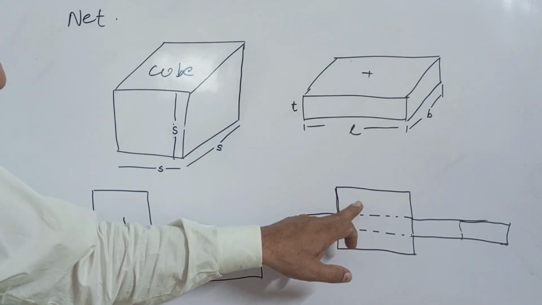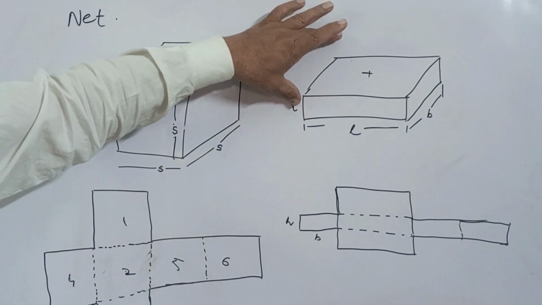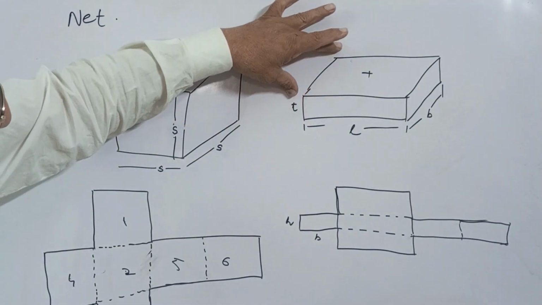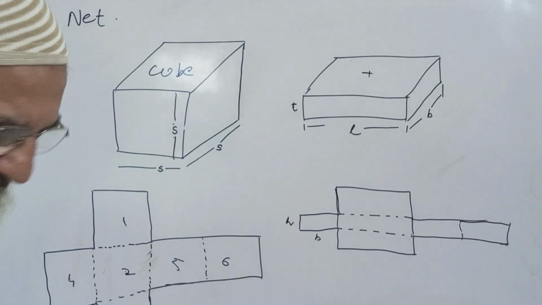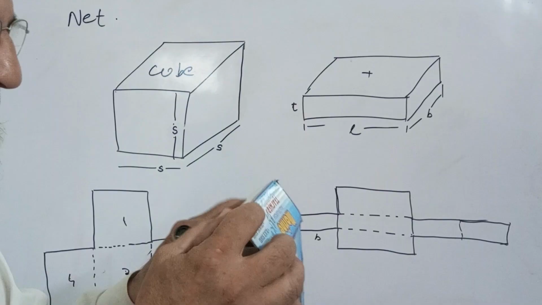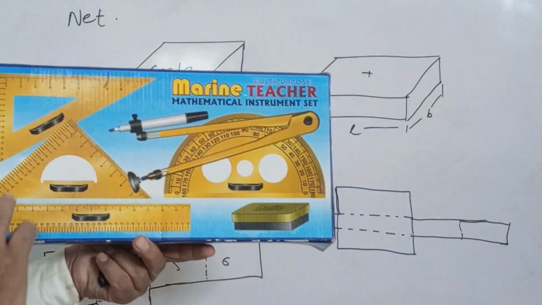Okay, now you see that there are two rectangular faces only, two large rectangular faces. One is over here. You see, this is also a cuboid.